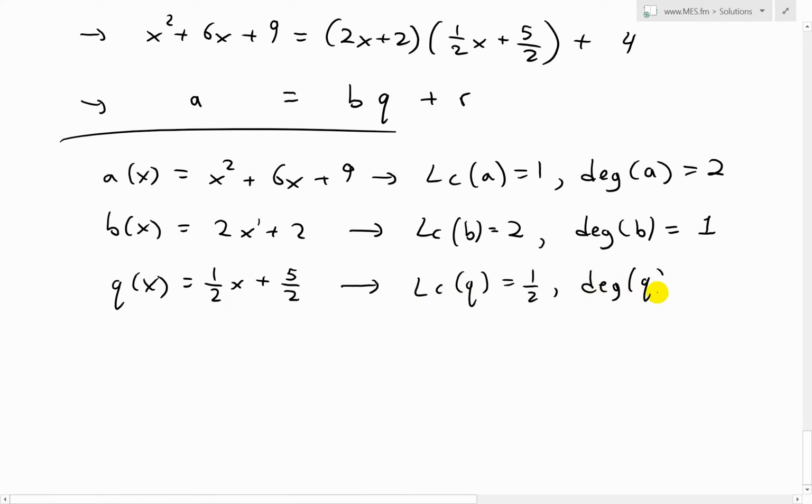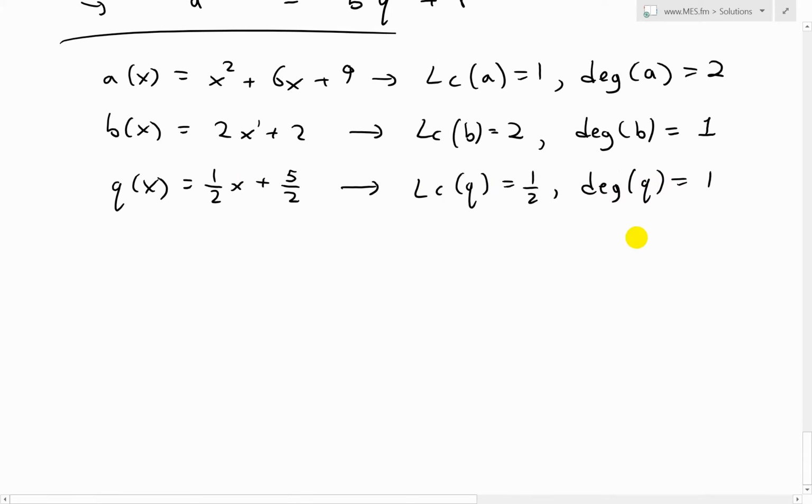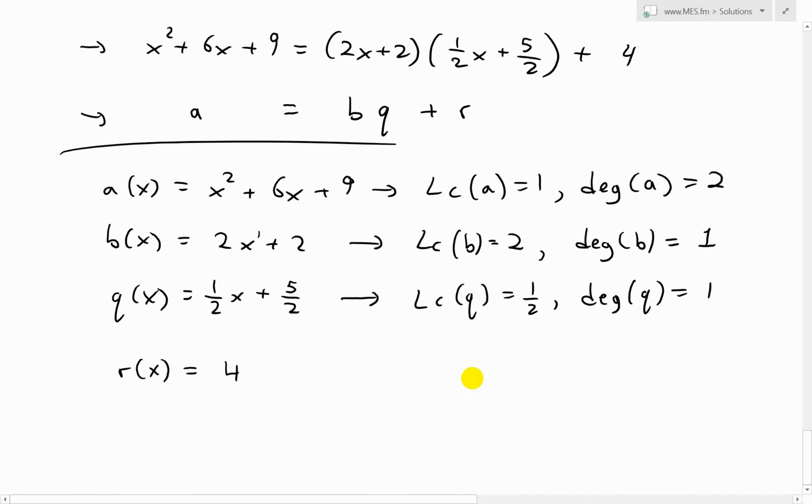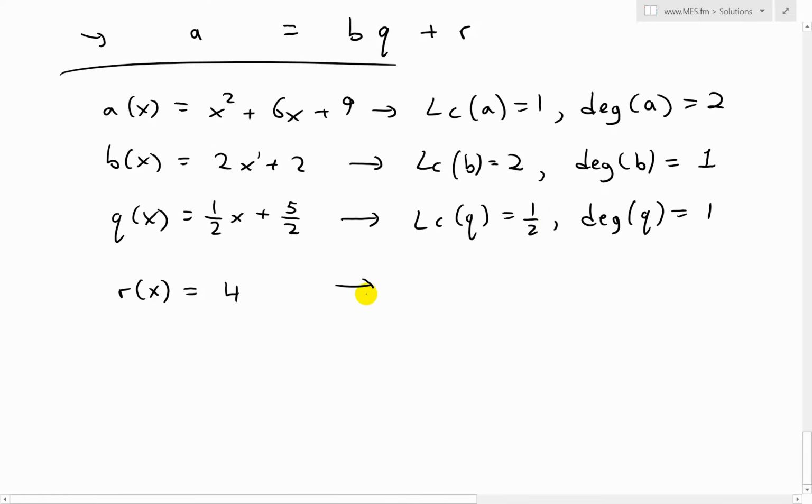And then the last one is the remainder, r of x, which is just equal to 4. Then for the leading coefficient, you could think of it as 4 times x to the power of 0. Leading coefficient is just 4, because the highest power there is 0, and the degree of r equals 0.